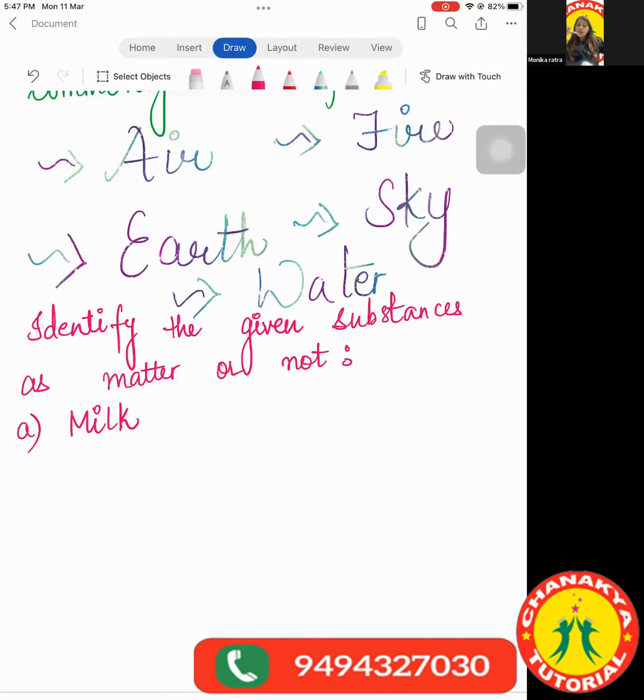Does milk occupy space or have some mass? Yes, ma'am. Only two conditions you have to remember while I write: either it should have some mass or it should occupy some space. Clear? So now your answer, is milk matter or not matter? Matter.